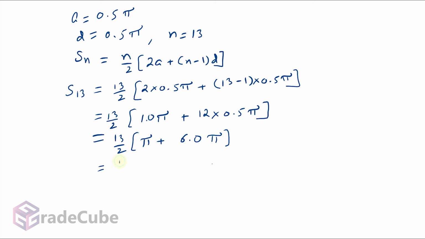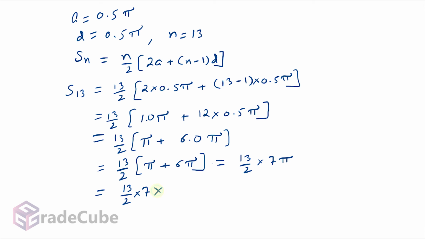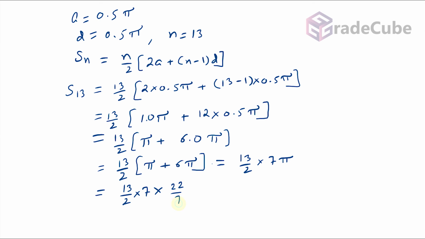This is 13 upon 2 into pi plus 6 pi. 6.0 can be written as 6 pi. It becomes 13 upon 2 into 7 pi. Pi plus 6 pi, total 7 pi. Now let's use the value of pi. It is 13 upon 2 into 7 into value of pi is 22 upon 7.